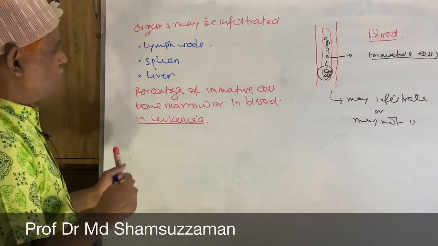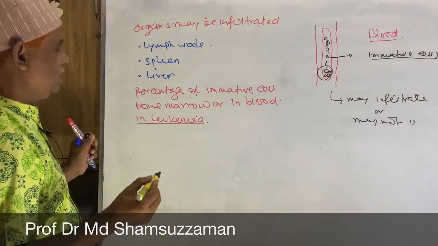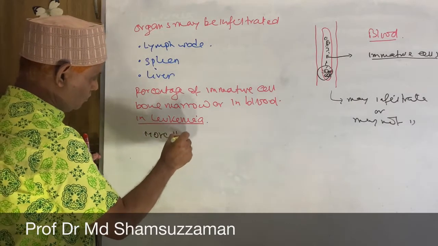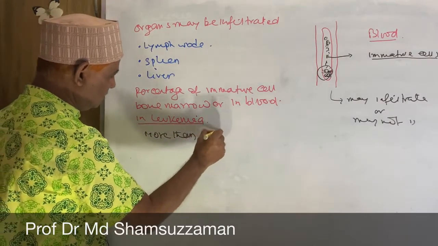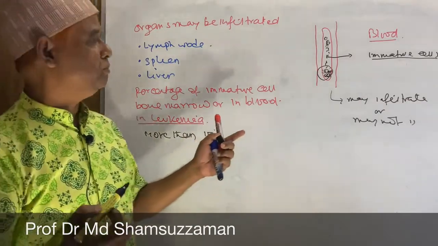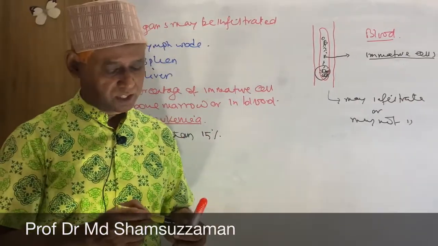The percentage of immature cell in the bone marrow or in the blood should be more than 15%. If more than 15% immature cells are found in bone marrow or in the blood, it is called leukemia.